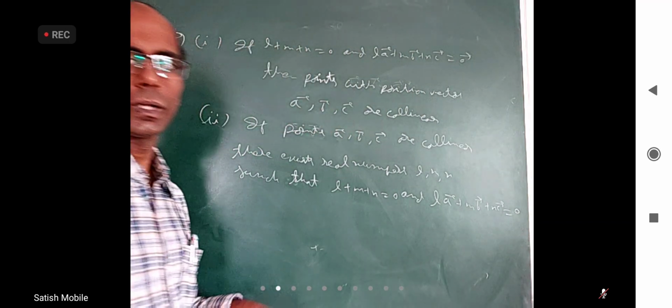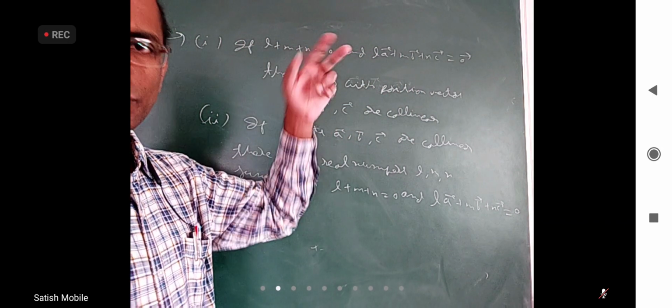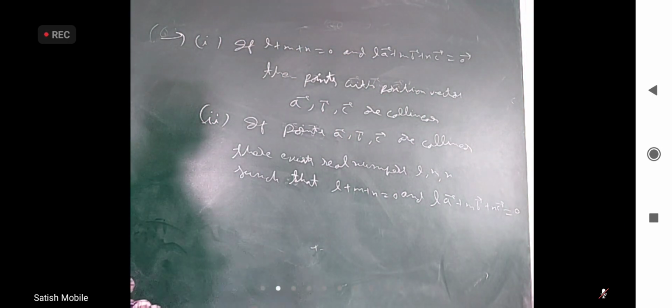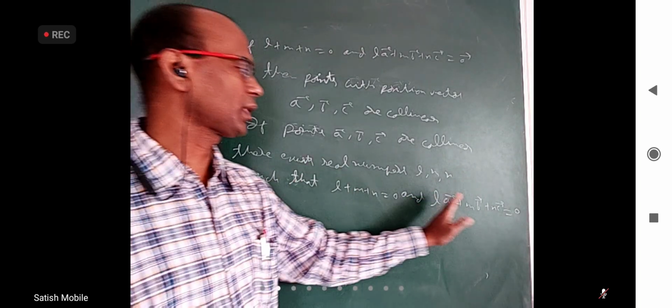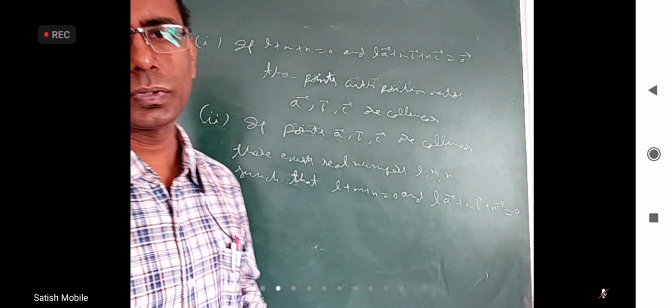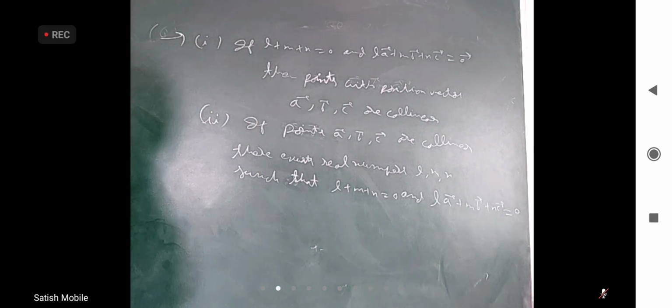So if somebody gives you this, you can prove they are collinear, or if they mention collinear, we can say that definitely there will be some numbers like this where their sum is 0. This is a converse statement.